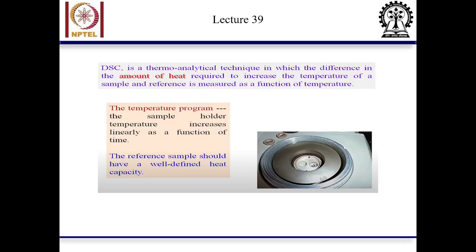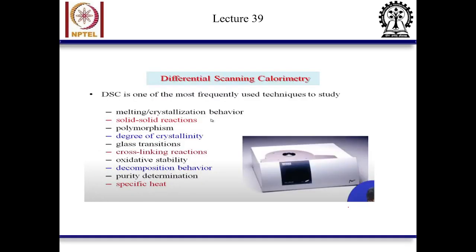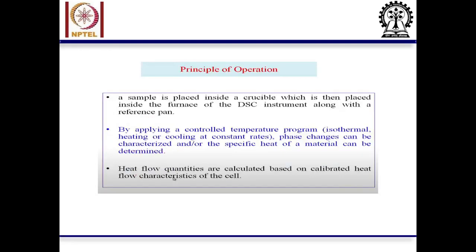So this is the DSC setup. You have already gone through how we put the two samples, what the different components are, and what things we get from differential scanning calorimetry: reactions like melting, solid reactions, polymorphism. People get all these kinds of things from differential scanning calorimetry.